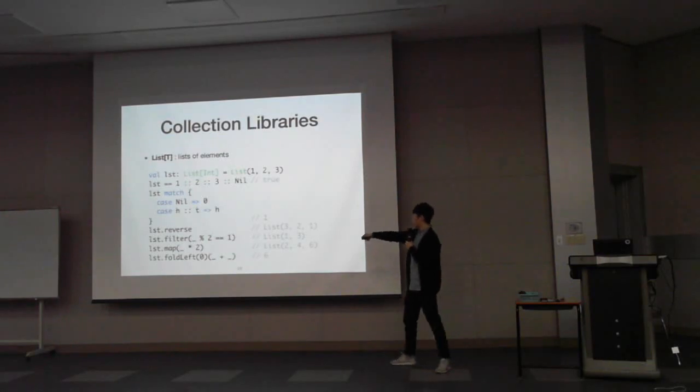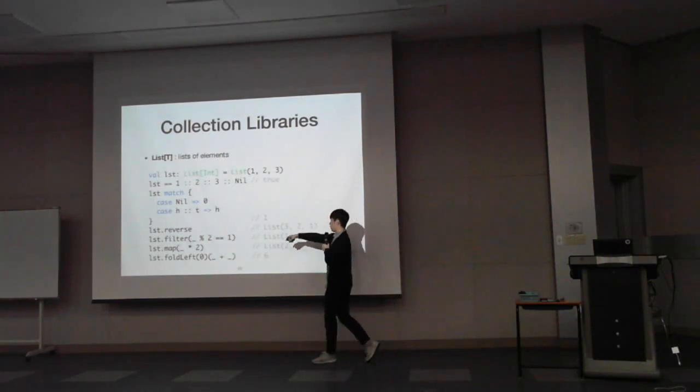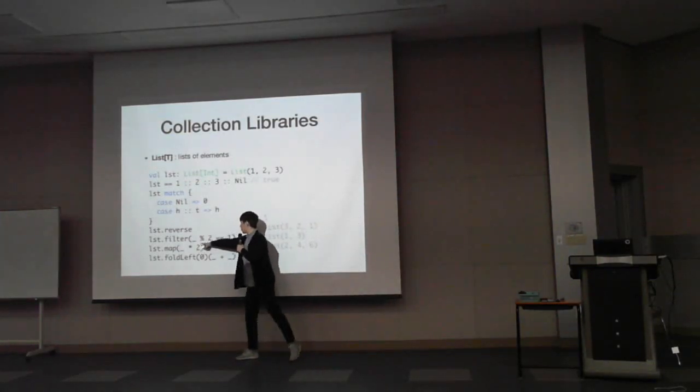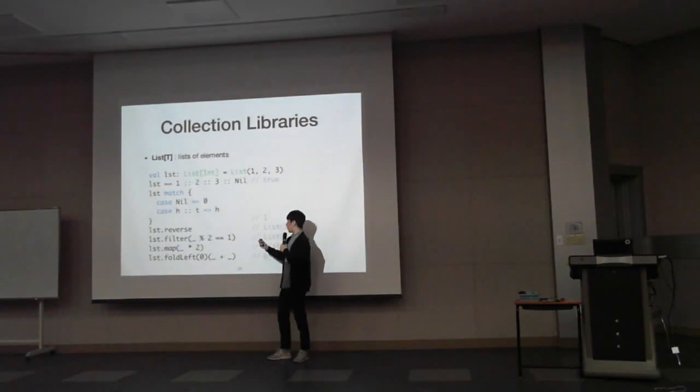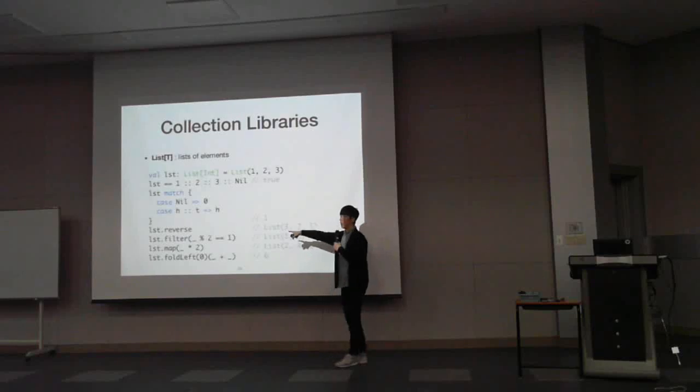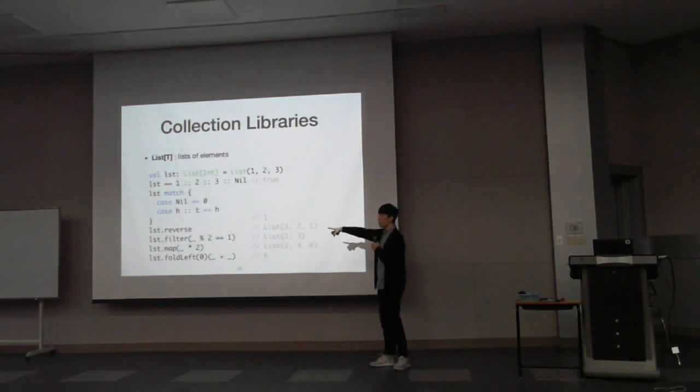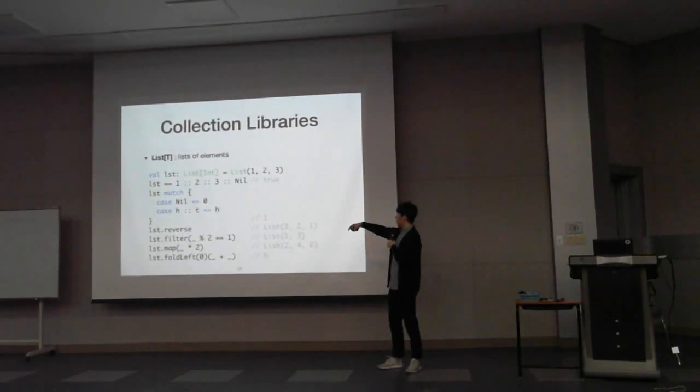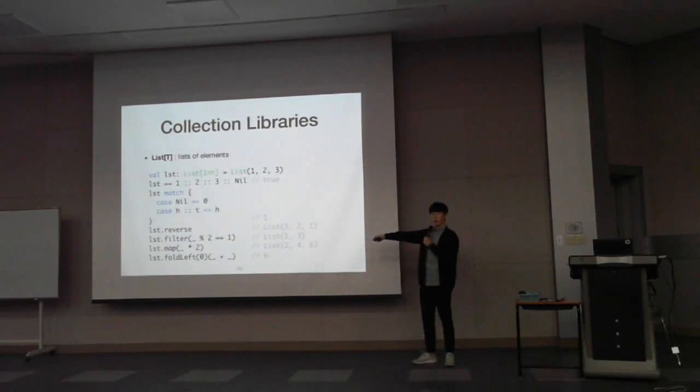Again, this is a placeholder, a function value that takes the first parameter and passes it in here. It is a predicate function for checking whether the input value is odd or not. With this predicate, we can filter, and it creates another list 1, 3.